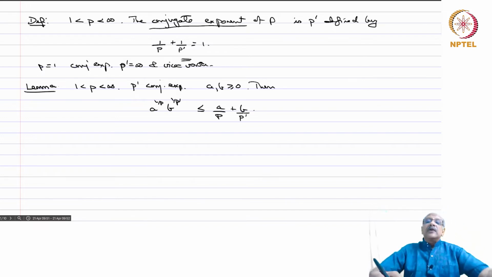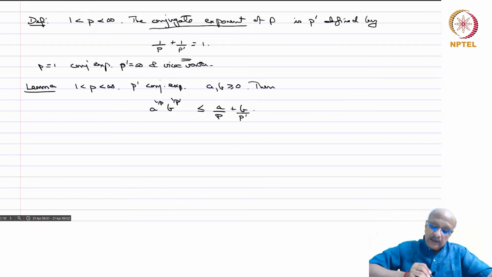This is actually the generalization of the AM-GM inequality, because if you write p equals p dash equal to 2, then you get square root of ab, which is the geometric mean, and here you get (a plus b) by 2, which is the arithmetic mean.